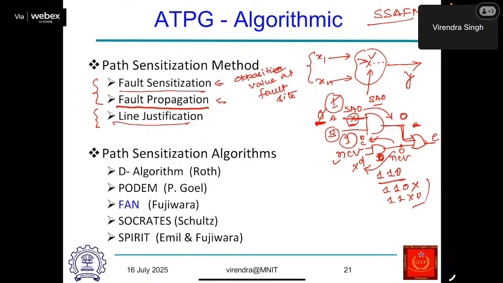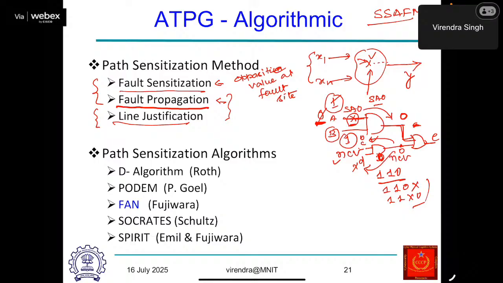So this is fault propagation and line justification. Both of the problems are decision making, and a decision may be correct or wrong, and due to the decision making, the process becomes very complex.